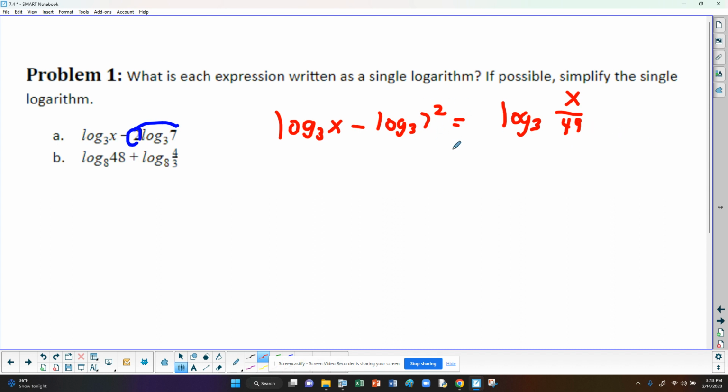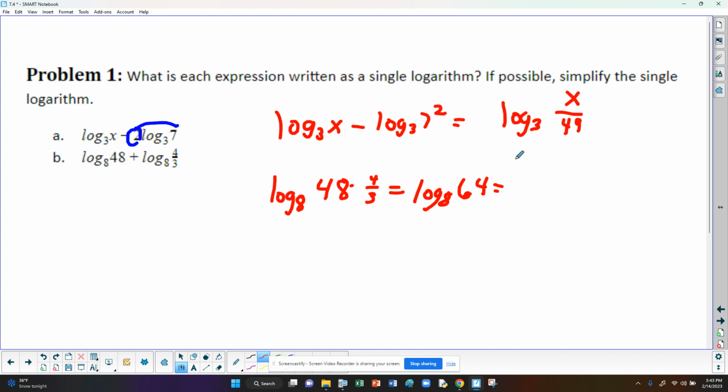Since it's a minus, I'm going to write my two values as a quotient. On to part B, we can see that we have both a log base 8, so we can go log base 8, and then since it's plus, we have 48 times 4/3, and we can simplify that. 48 times 4/3 is 64, so we'd have log base 8 of 64, which, getting our log brains going, we have to think, what is this asking?